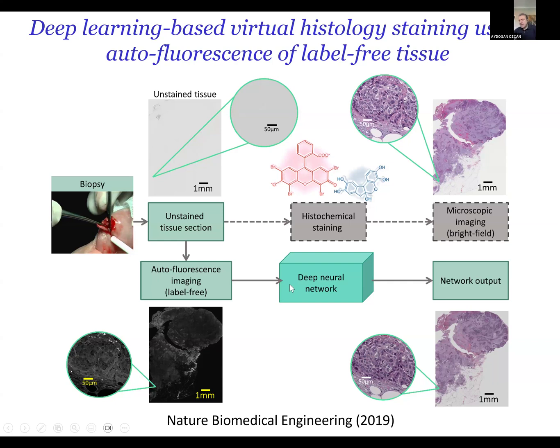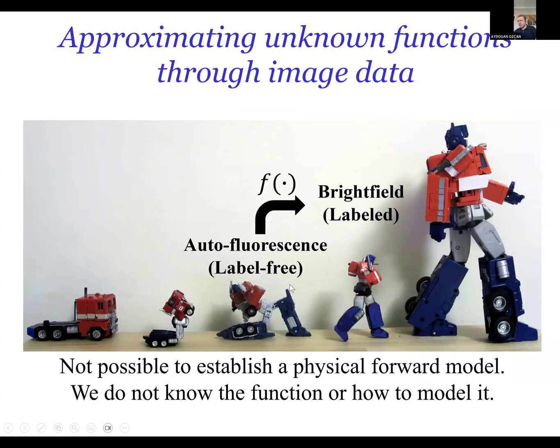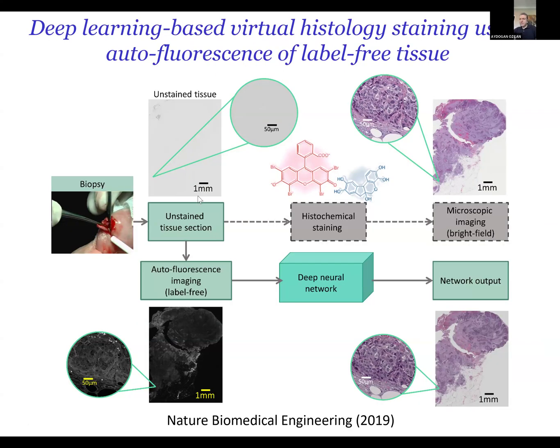Well, that function that I just described, this F function, if I could implement or I could learn that, I could stop the workflow here and instead of chemical staining, perform virtual staining using an AI through supervised learning, mimicking the function of this entire chemical staining and bright field contrast.